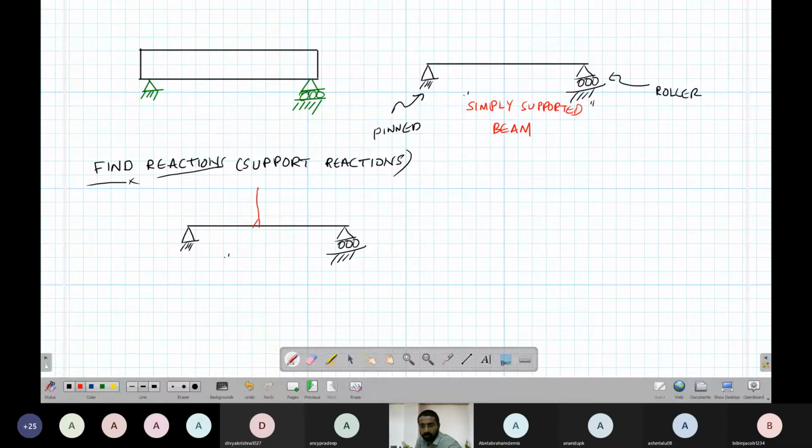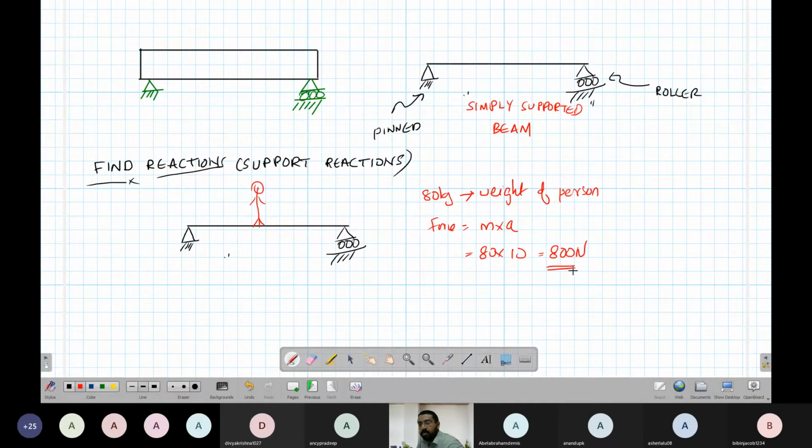Okay. Let's say it's an 80 kg person. 80 kg is the weight of the person. Force is mass times acceleration. Mass is 80, acceleration due to gravity, let's say, is 10. So 800 Newton is the load.